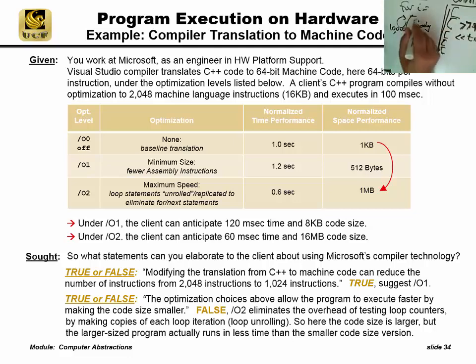I don't have to increment this I, this I plus plus, and I don't have to test it to see if it's at the loop limit. I can just go straight line code. Straight line code executes the fastest. So even though the program is longer in terms of size, it's faster in terms of time. So these are time versus space trade-offs.